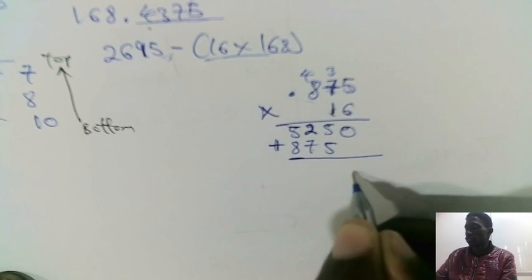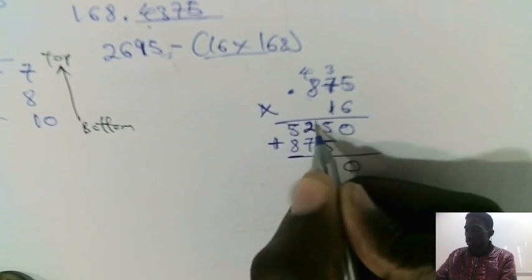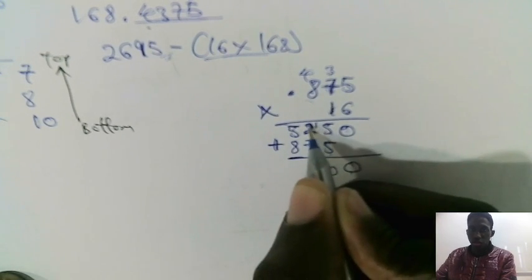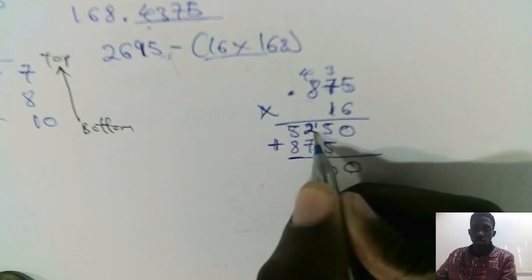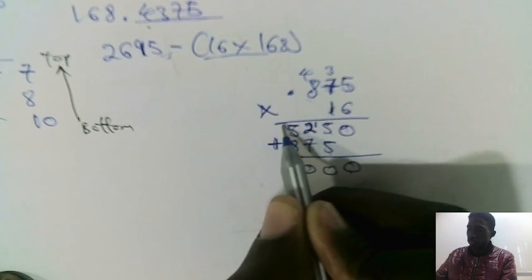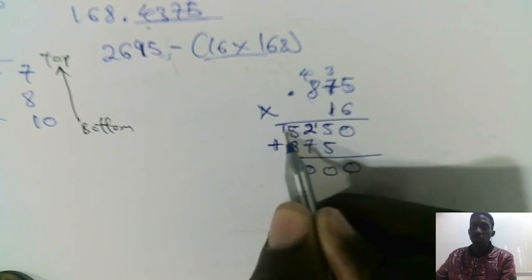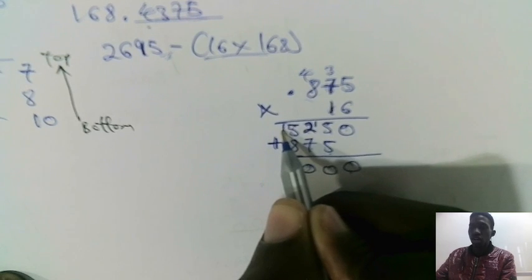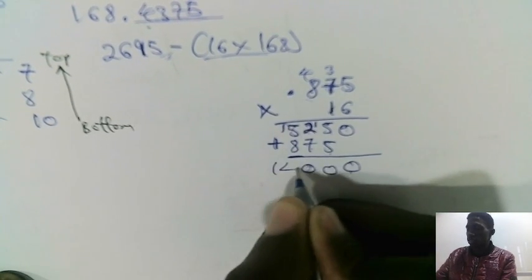Adding these together gives 0. 5 plus 5 is 10. So there's a 1 carried over here. 2 plus 1, that's 3. Plus 7, 10 again. Then we carry a 1 over to this side, and then we have 1 plus 5, that's 6. Plus 8, you have 14.